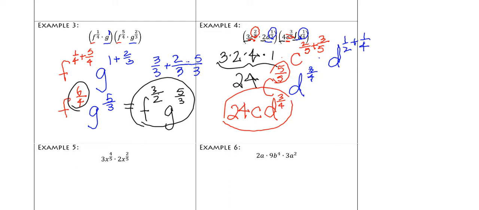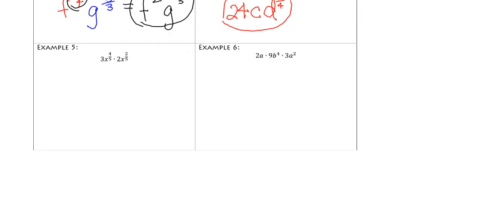Example 5. We have 3x to the 4/5 times 2x to the 2/5. Now everything's being multiplied here, so I can apply this property. So the 3 and 2 coefficients I'm going to bring out front. X is our common base, so I'm going to rewrite x, and then you add these exponents.